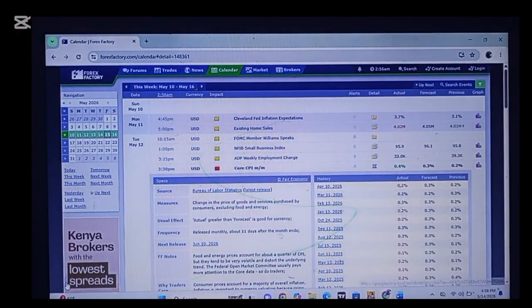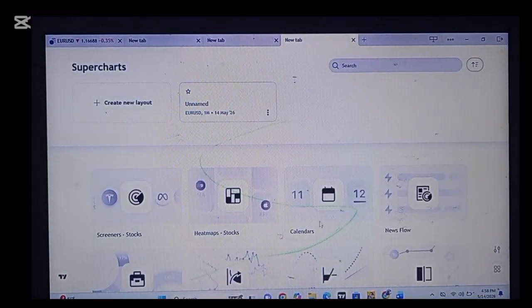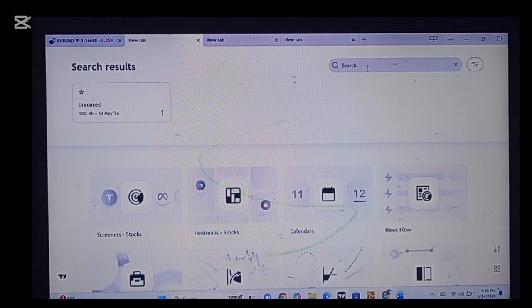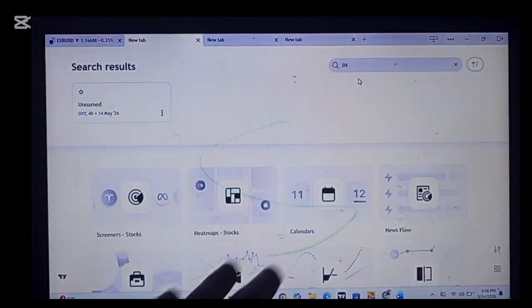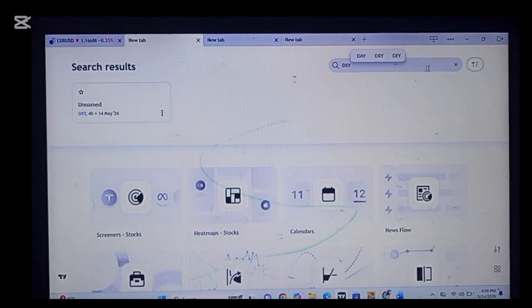And when you go to the DXY, you'll notice a bullish momentum. Let me search for DXY in a new tab. Let me see if it will come.